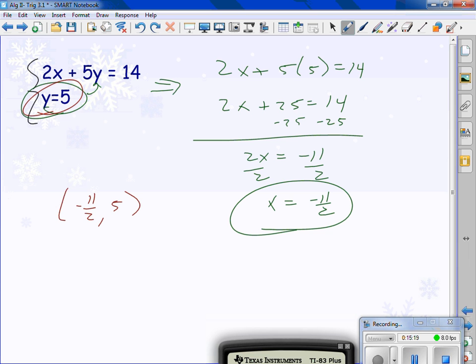That is the exact answer by substitution. What about that person? What do you mean? I could have substituted this negative 11 halves up here and resolved. I would have still got 5 as an answer. Let me show you in a different problem.